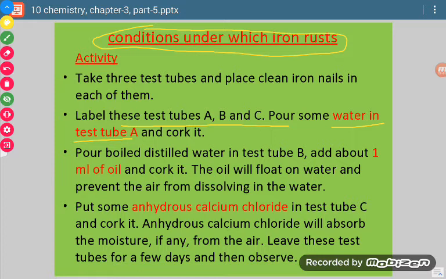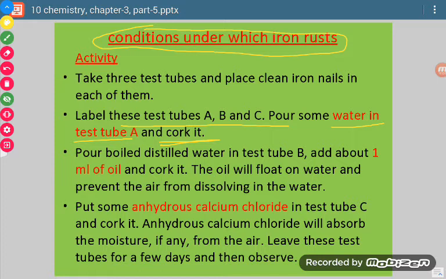In test tube A we will put only water, and then we will cork it, so there is presence of air also on the top, and those nails are half dipped in water and half are in the open.